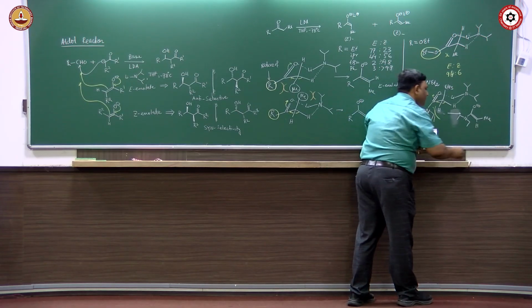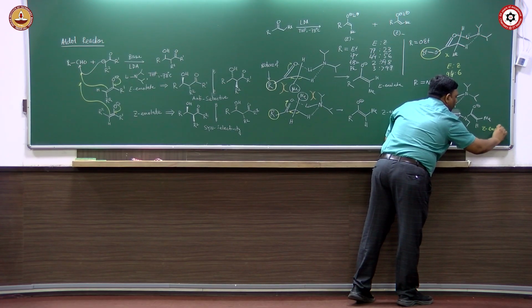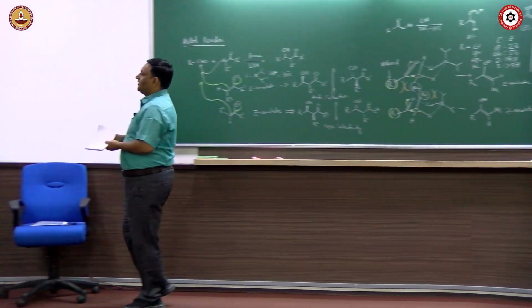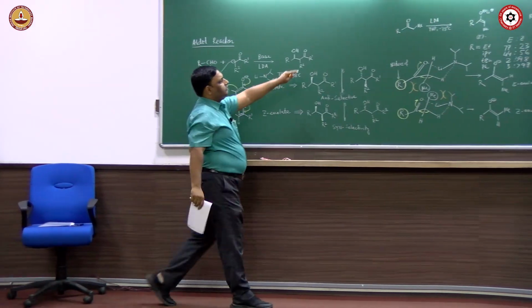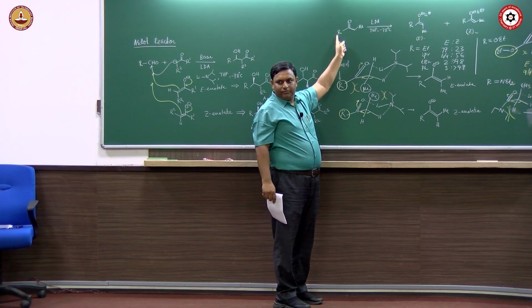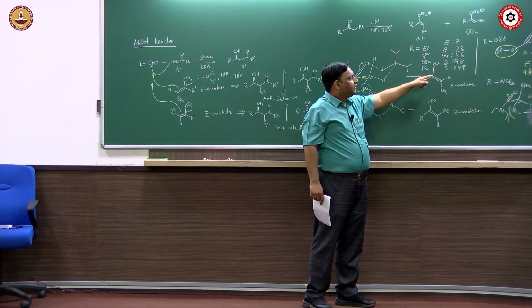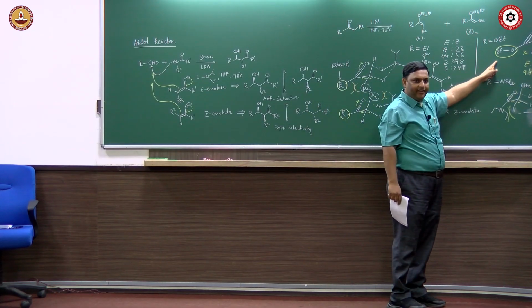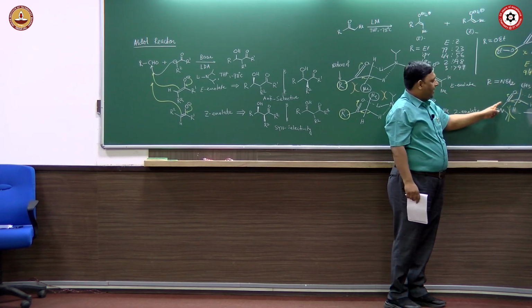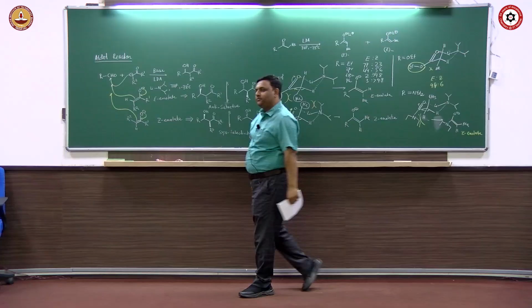So you will exclusively get the Z enolate. So what we have understood is that with the ketone, the nature of the R group governs which one is going to be formed. For the ester, very likely it will mostly come to the E enolate, but for the amide it will very likely give majorly the Z enolate.